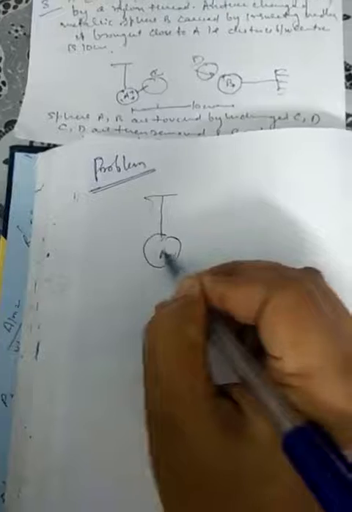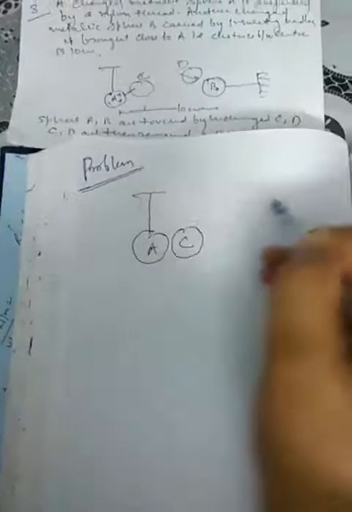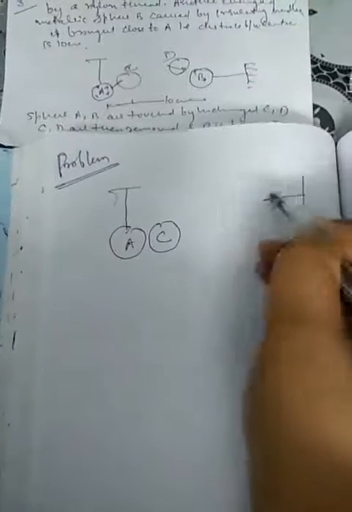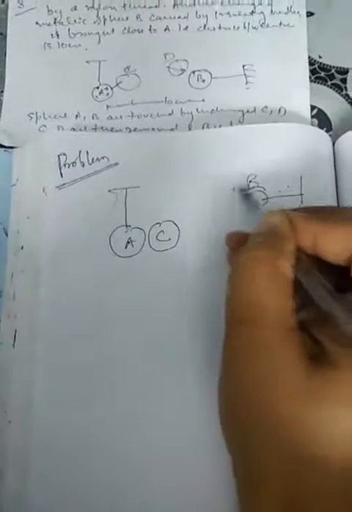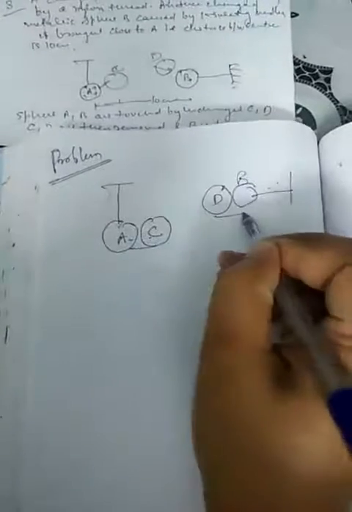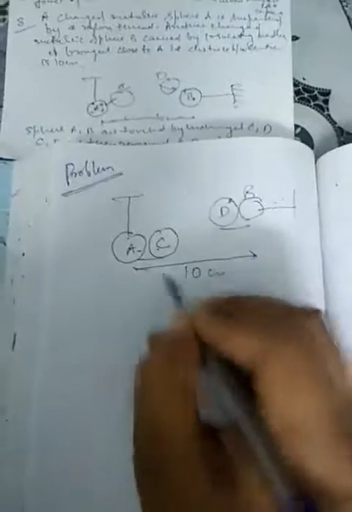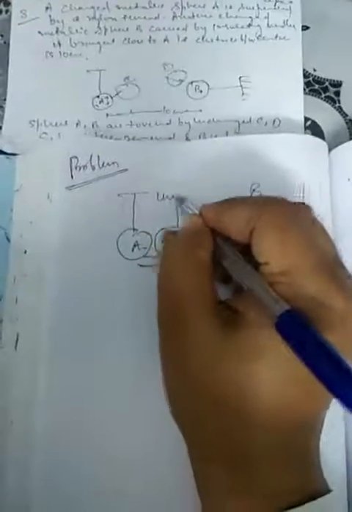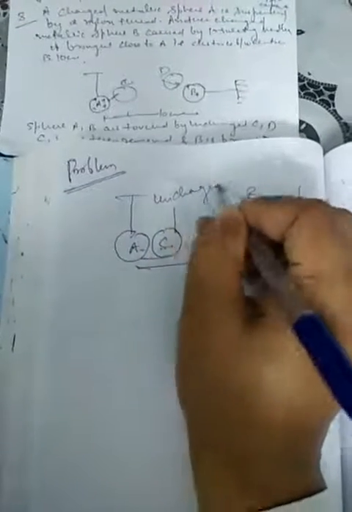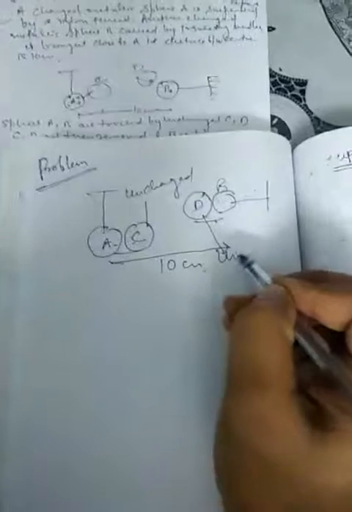This one is A and this one is C, then this one is B and this one is D. A and C, and B and D, are in contact with each other, although the distance of 10 centimeter was there. C and D are uncharged.